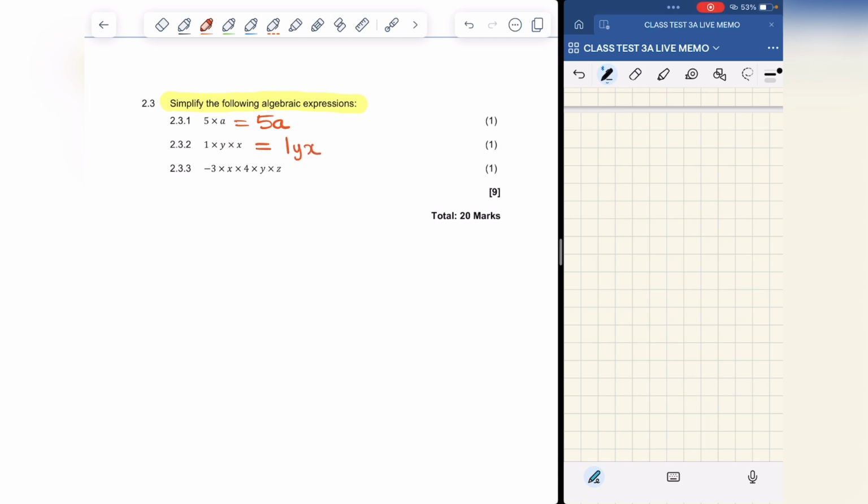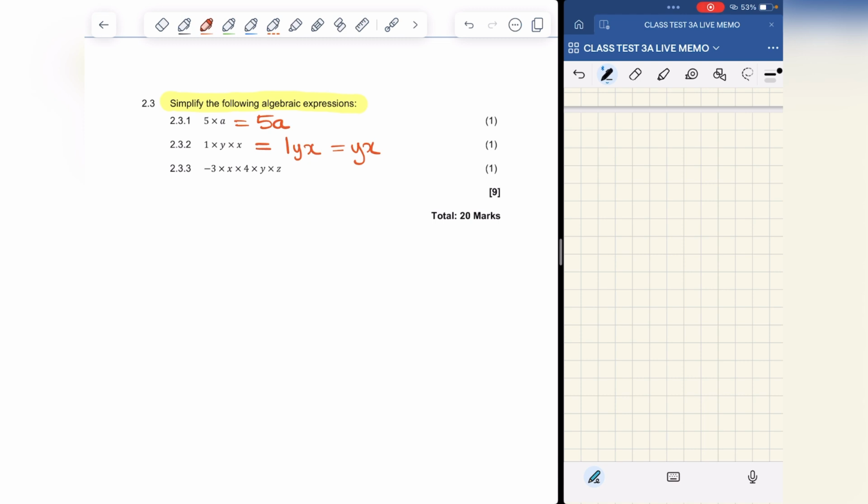But of course, the convention for algebraic language says that there's still some things out of place here. For starters, we don't write the 1. So you could say, okay, so that means it must be yx then. But then again, the other rule for algebraic language is that we need to write our numbers first. In this case, the number is 1, so we will not write it. So you see there how all these rules interplay with each other.